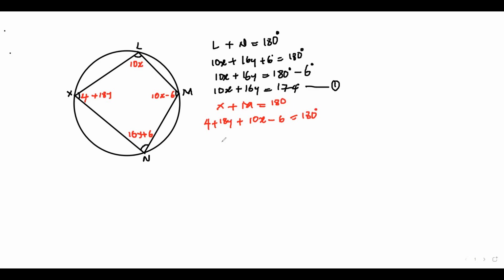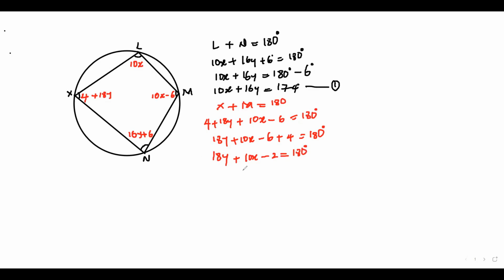All right, so let's rearrange the equation. We have 18y plus 10x minus 6 plus 4 equal to 180 degrees. Nice. So now minus 6 plus 4 gives us minus 2. All right, so we have 18y plus 10x minus 2 equal to 180 degrees.